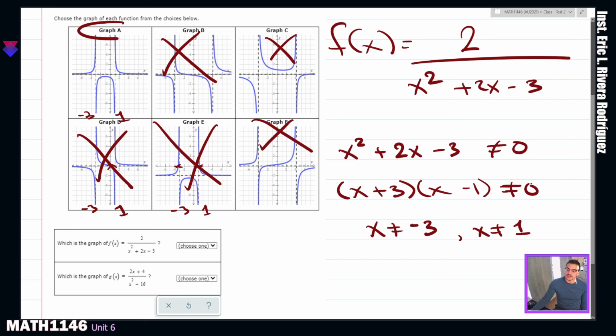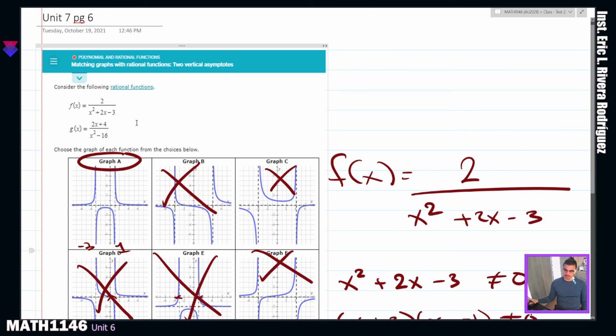So the right answer for f is graph A, because there are no x-intercepts and we have vertical asymptotes at negative 3 and positive 1. Okay, so that's how you want to answer these questions. With the properties that you can get from the function, you will identify the correct graph. Okay, you will do the same for g of x.